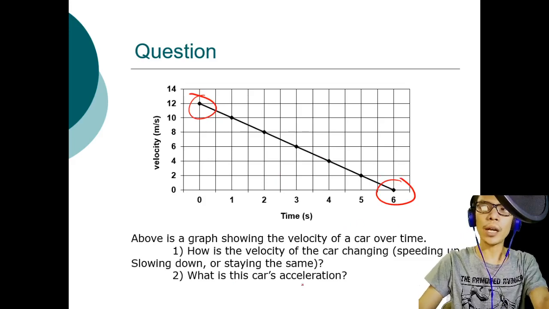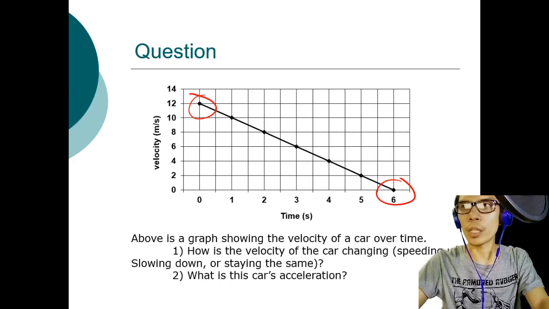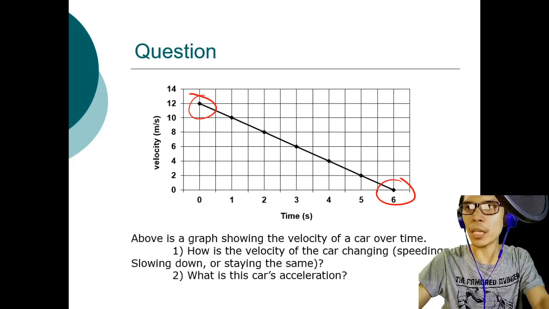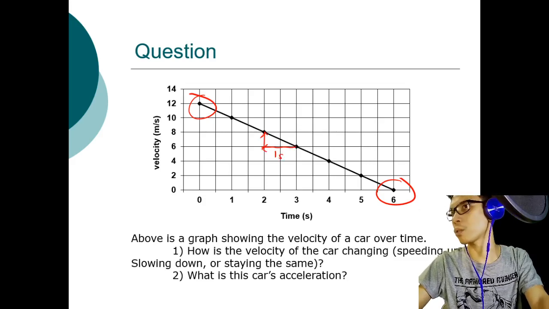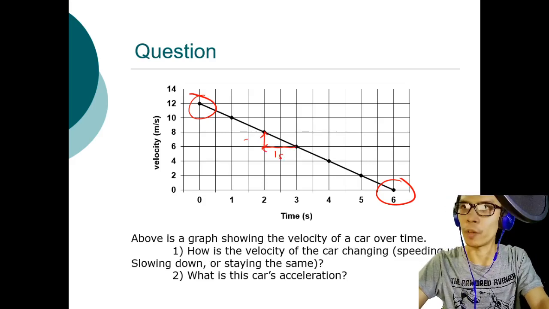So what is the car's acceleration? We can pick a slope here, for example this one. The run is 1 second, then the rise is 2. So we have 2 meters per second.